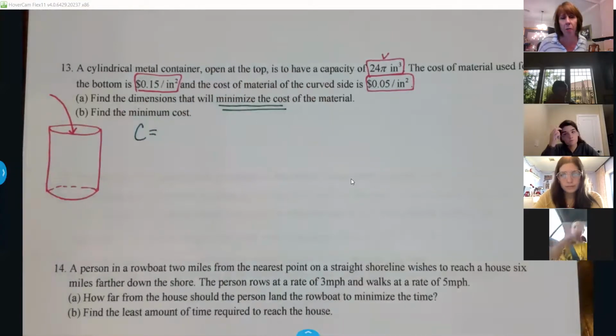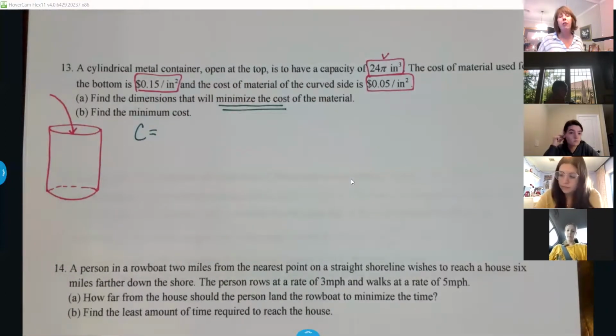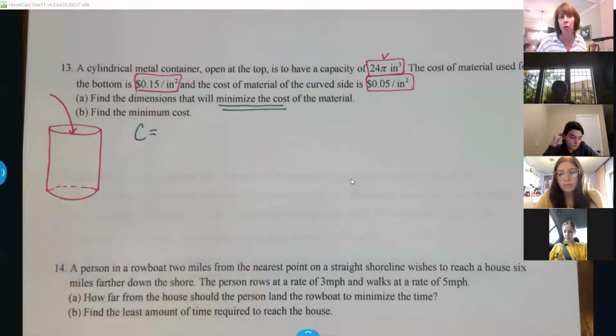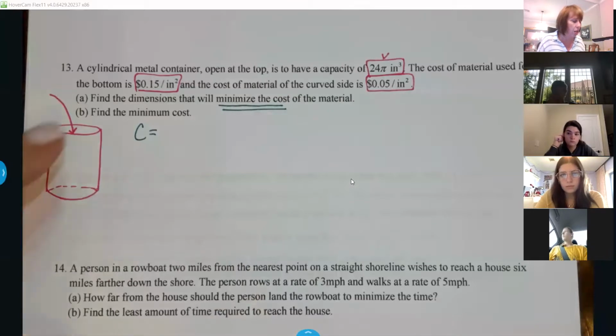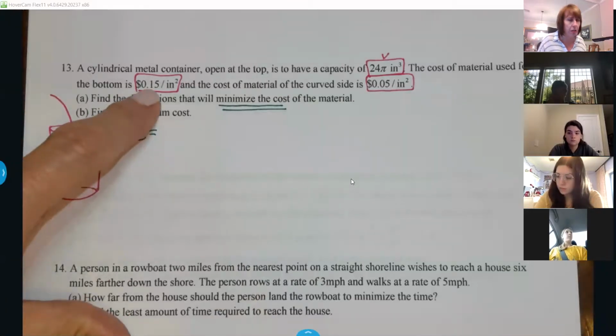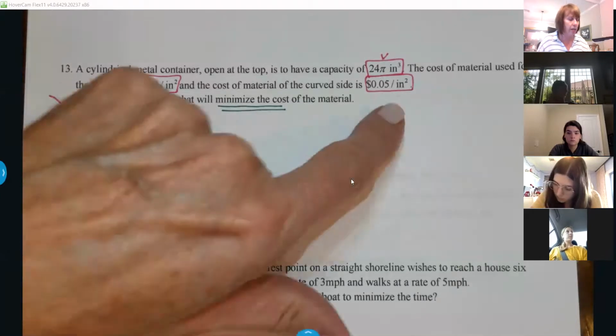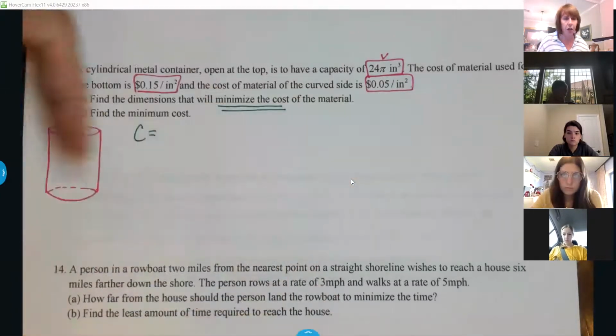I always start off by writing the equation for what I am trying to either maximize or minimize. So always start off by writing that equation. So this is going to cost 15 cents per square inch of the base and 5 cents per square inch of the curved side.